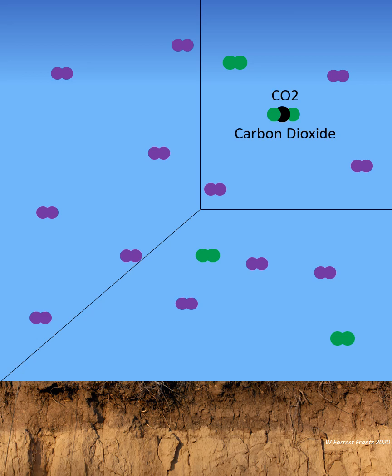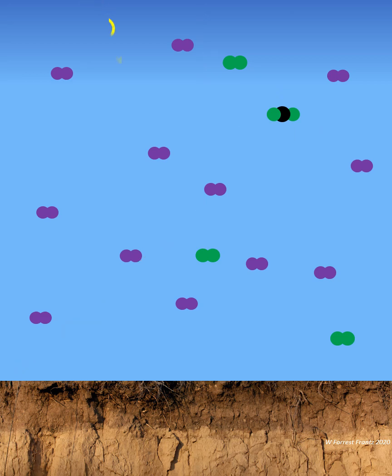Let's fire a photon. What happened? CO2 is a narrow-band greenhouse gas. It absorbs only a few emission frequencies. That photon was at the wrong frequency.